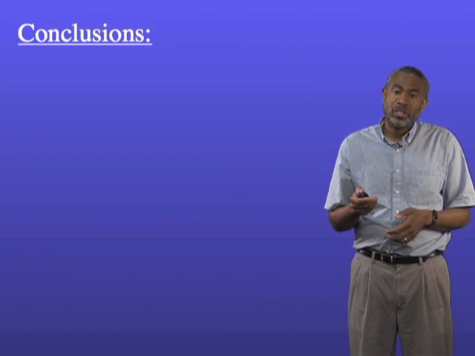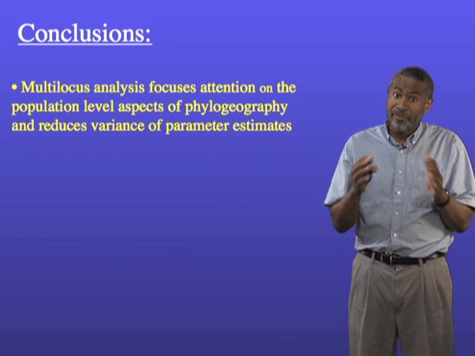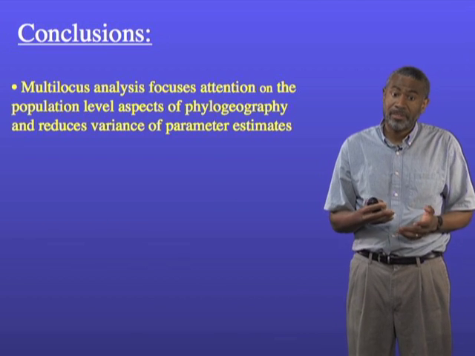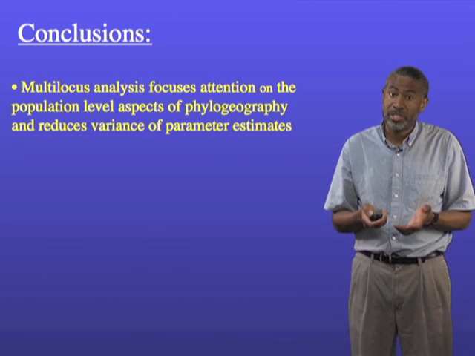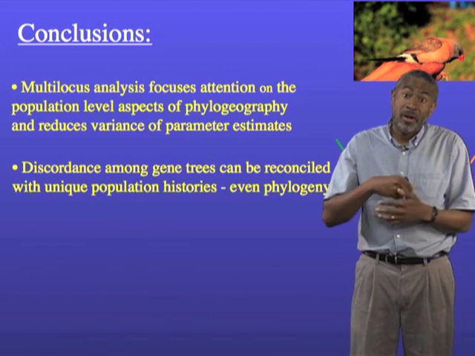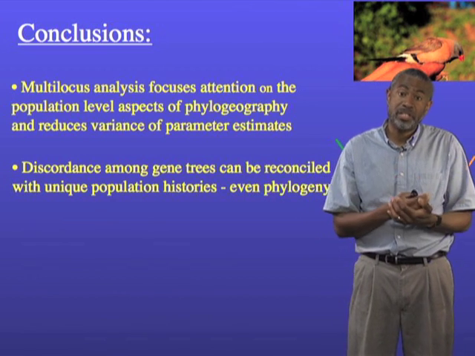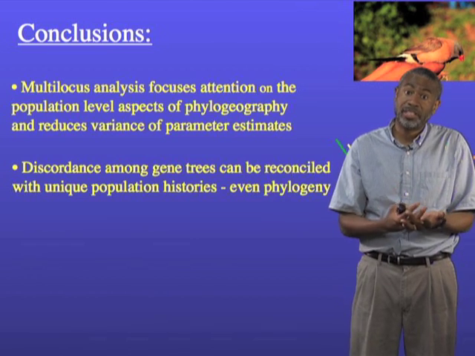So we've been able to look at many different aspects of phylogeography, all of which are using multiple genes, and we've seen how using more genes reduces our uncertainty of our estimates. We've seen how we might have some discordance in our gene trees, but nonetheless the population histories can be fairly straightforward.